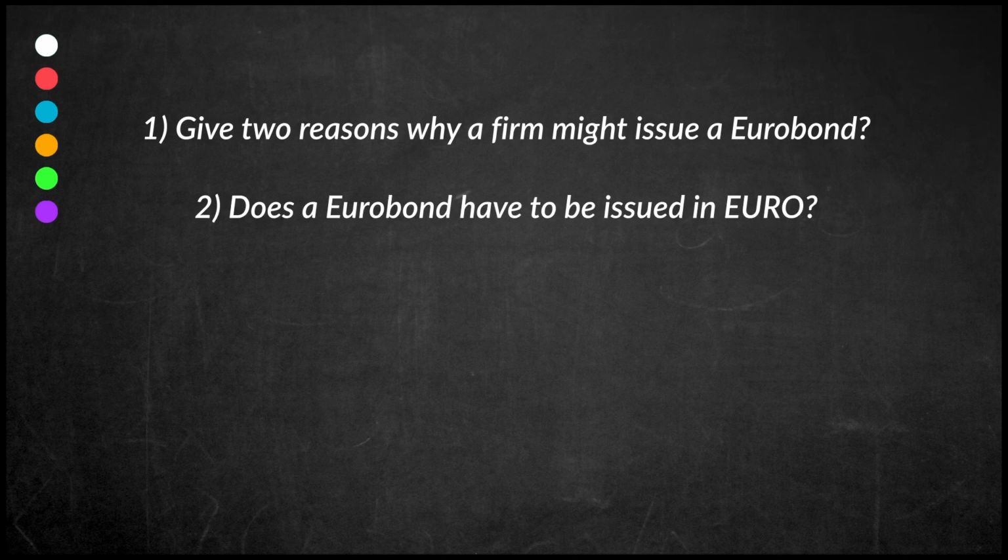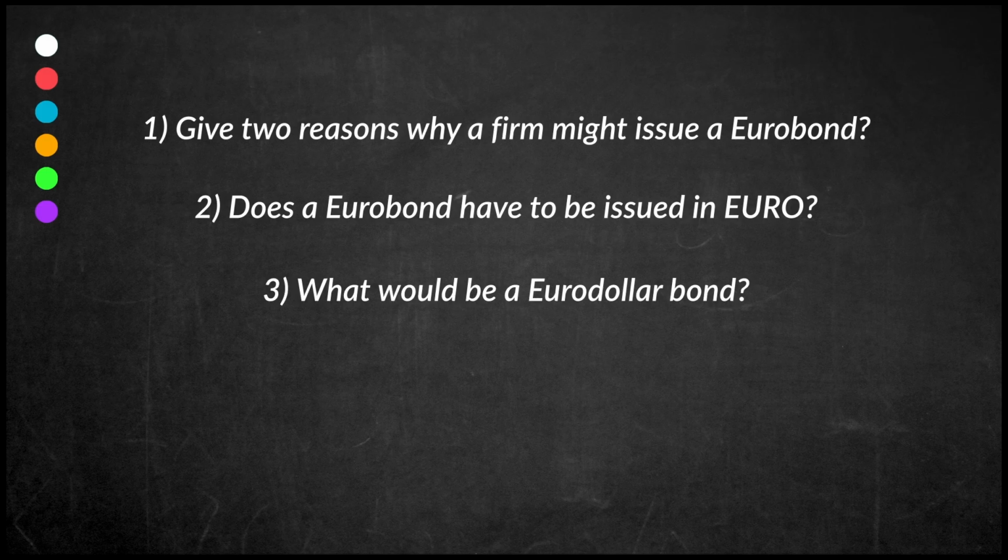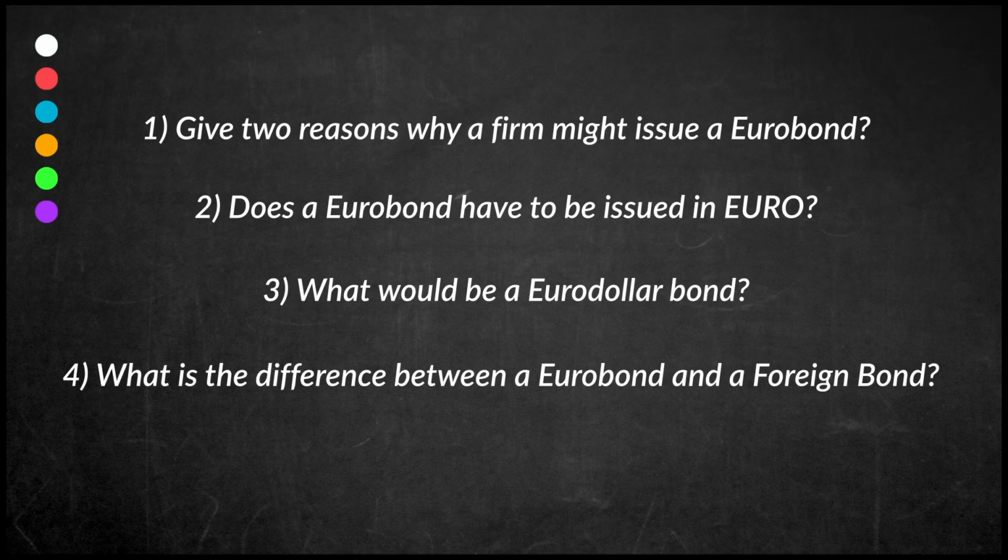Number 2, does a Eurobond have to be issued in euros? Number 3, what would be a Euro-dollar bond? Number 4, what is the difference between a Eurobond and a foreign bond? And number 5, what would a Yankee bond be? Now this is a little hard, but you can probably make a logical guess.